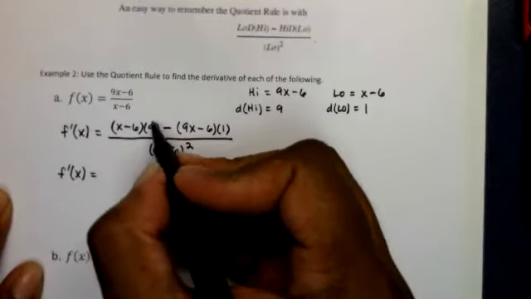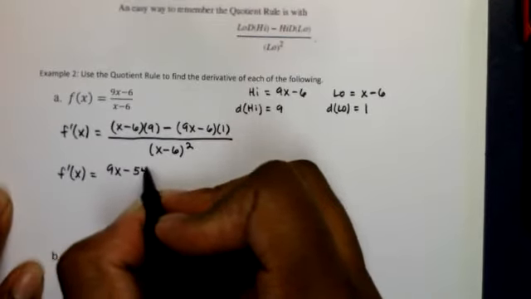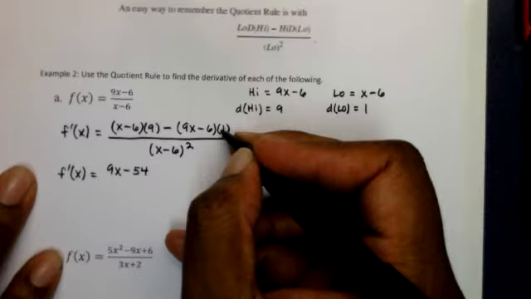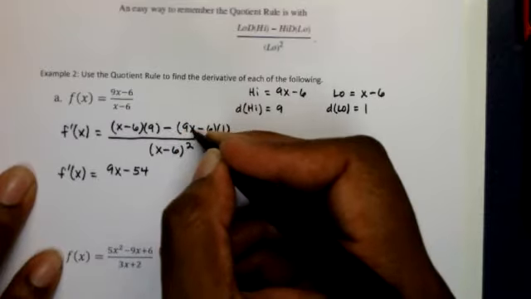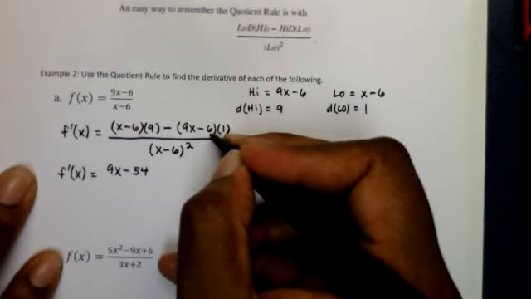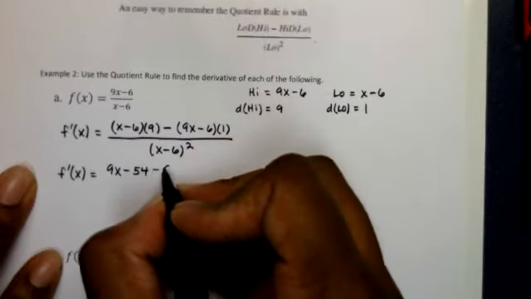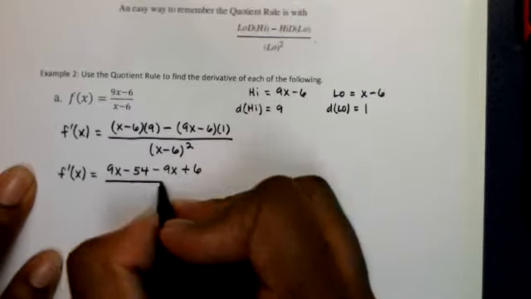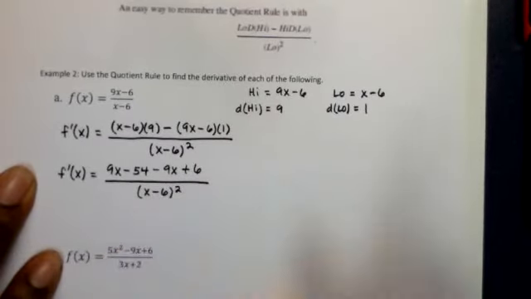So f prime of x will be equal to, distribute the 9 over the x minus 6, you're going to get 9x minus 54. Then 1 times 9x minus 6 will be 9x minus 6, but since you've got the negative sign, that minus sign distributes and changes the sign of every term inside the parentheses to the opposite. So the minus makes 9x a minus 9x. The minus makes the minus 6 a plus 6. All that's divided by x minus 6 quantity squared.